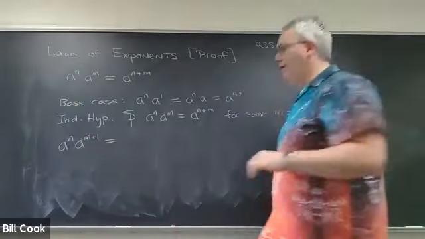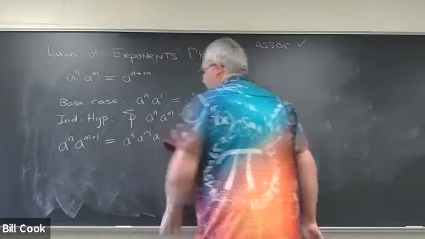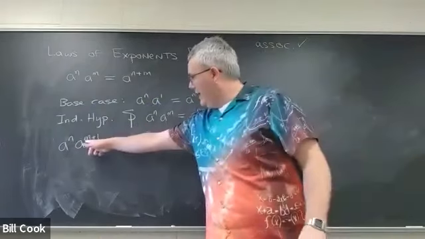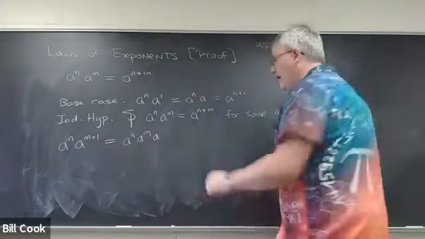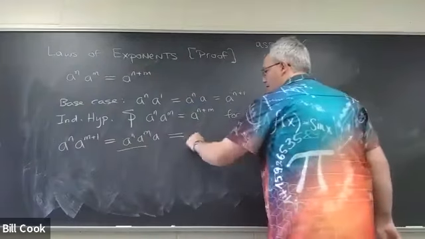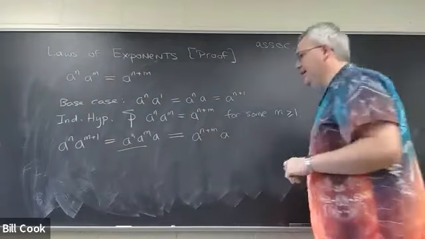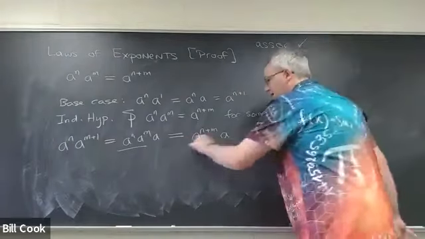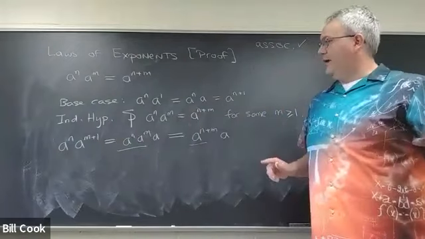By definition, a to the m plus 1 is a to the m times a. I can now use my inductive hypothesis to say that that's a to the n plus m times a. That's my inductive hypothesis, because I've assumed it holds for m.